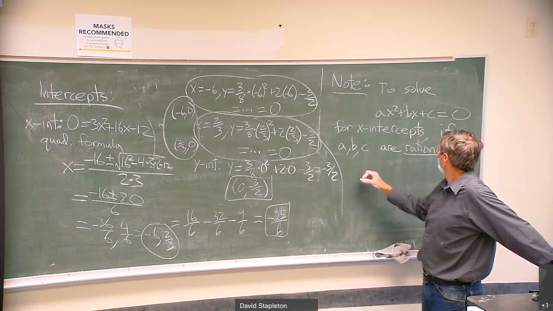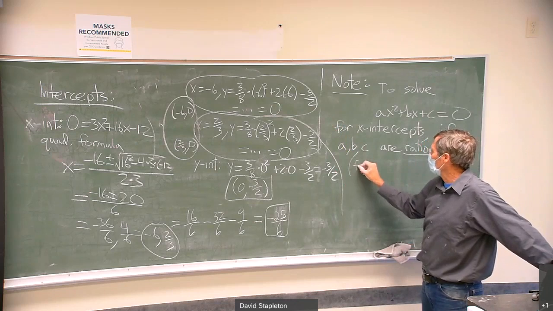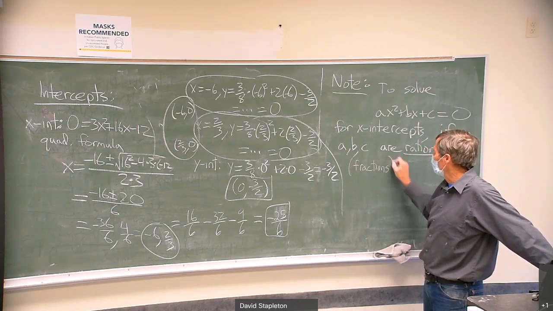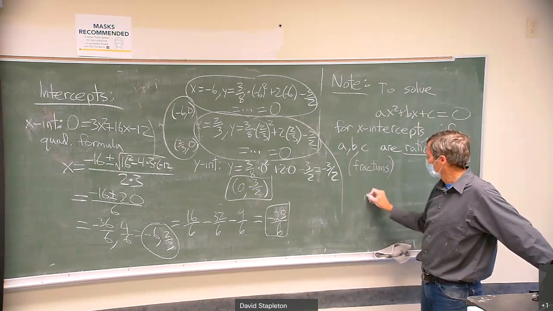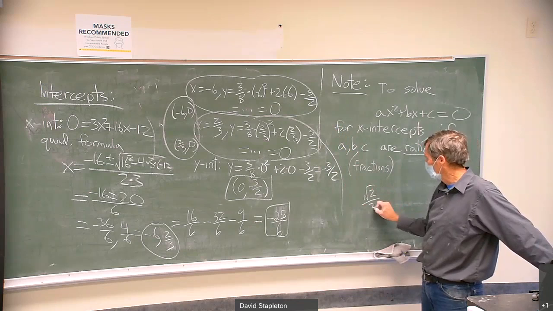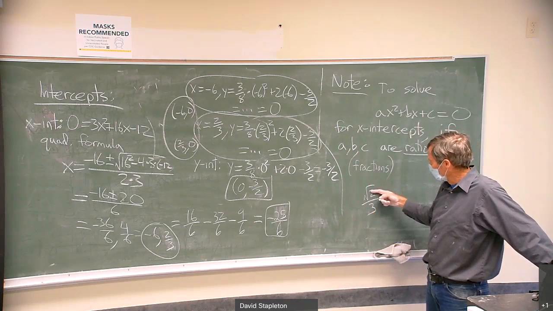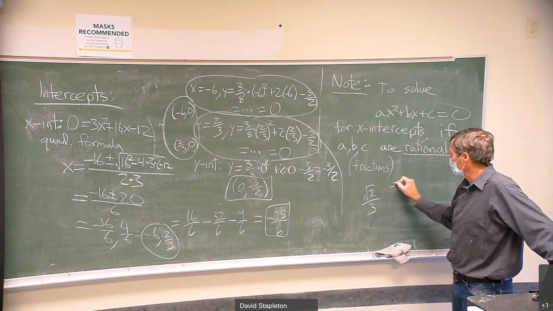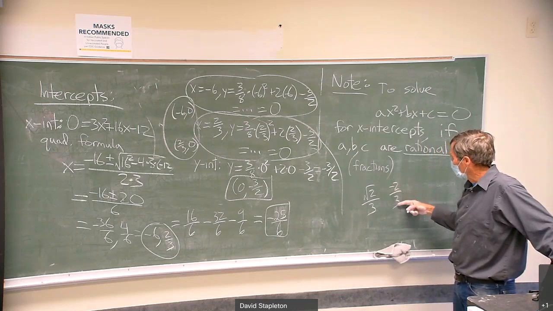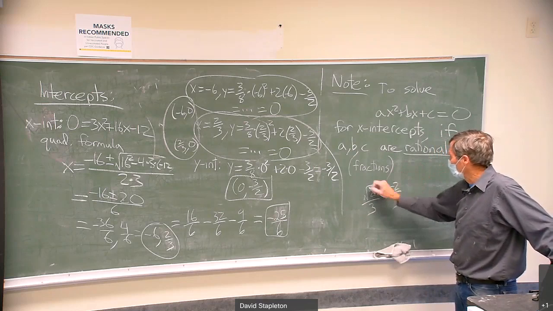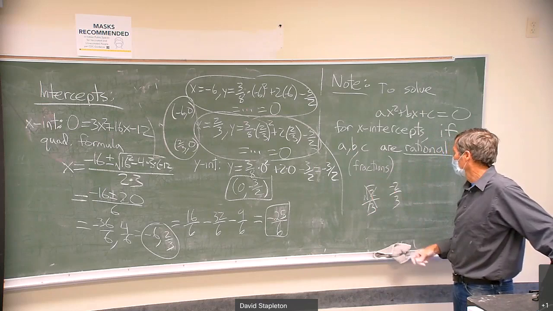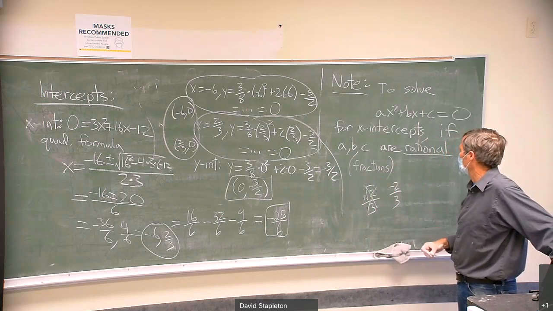They're fractions, an integer divided by an integer. Is this a rational number? It's not, because of the square root of 2. But this is a rational number. If I take an integer divided by an integer, that's a rational number, a ratio, a fraction.